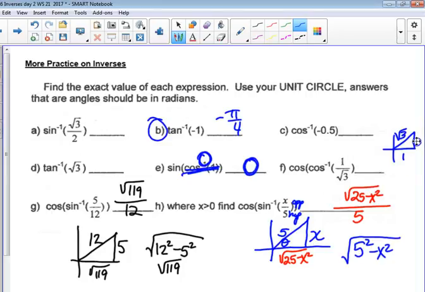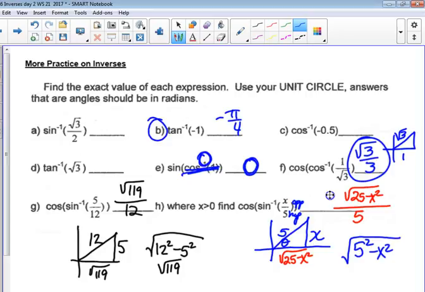This would be root 2, but that's not what it's asking. It wants the cosine. So it'd be 1 over square root of 3, which, of course, you're going to have to rationalize. But normally we only see square root of 3 over 3 when we're talking about tangent, right? It's not one of our 30, 60, 90 triangles.